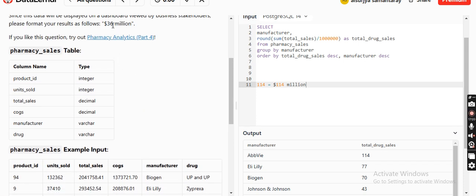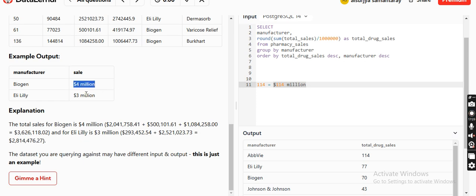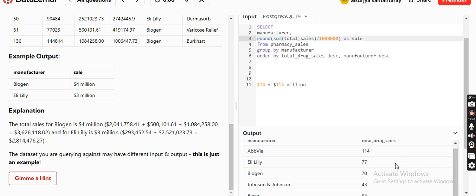Clear, guys? This is what they want. This is the format in which they want the result. Now you can see over here also, right? This is the format in which they want the result, and they just want manufacturer and sale. So total drug sale will be as sales only. So let me just change it over here itself, sale.